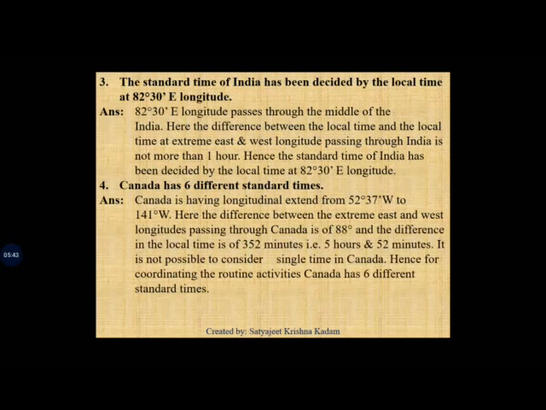Here, the difference between the extreme east and west longitudes passing through Canada is of 88 degree, and the difference in the local time is of 352 minutes, that is 5 hours and 52 minutes. It is not possible to consider single time in Canada. Hence, for coordinating the routine activities, Canada has 6 different standard times.